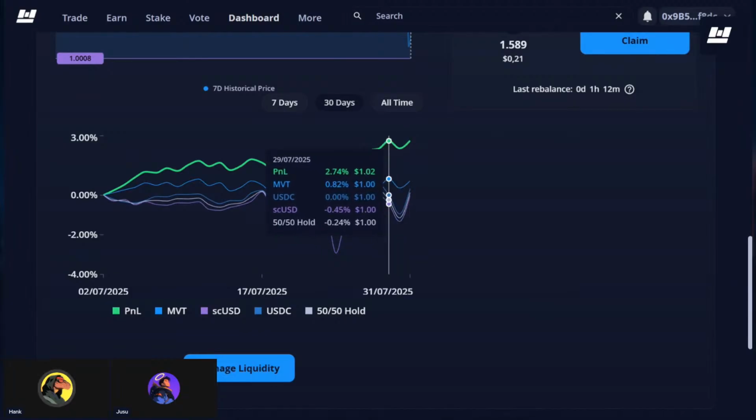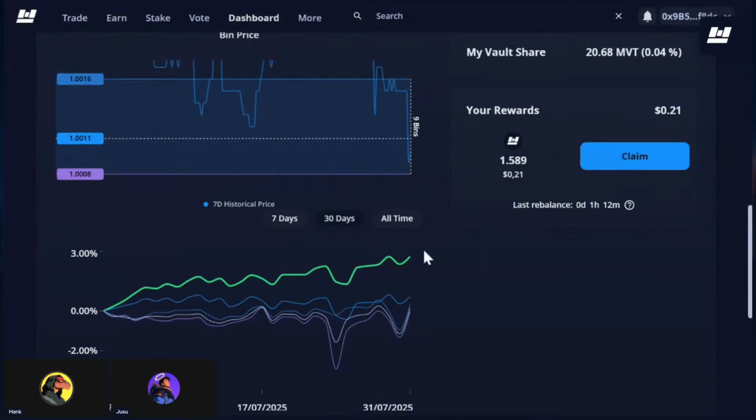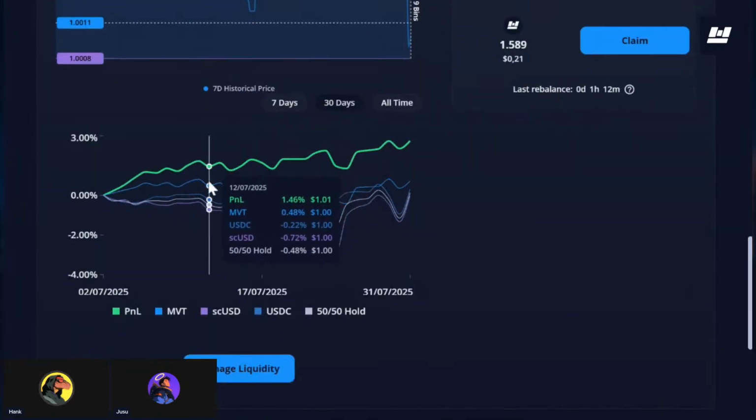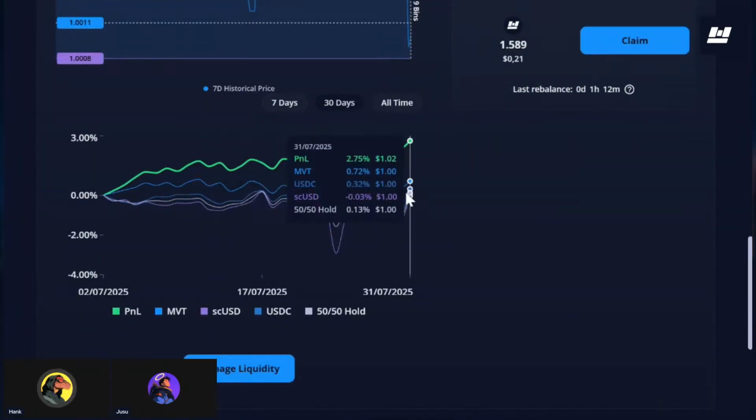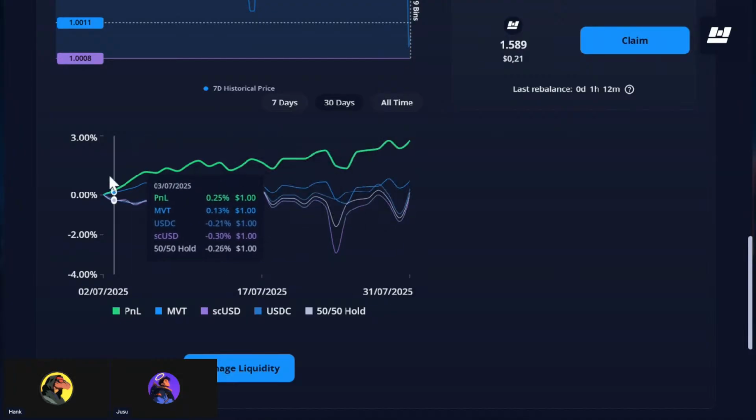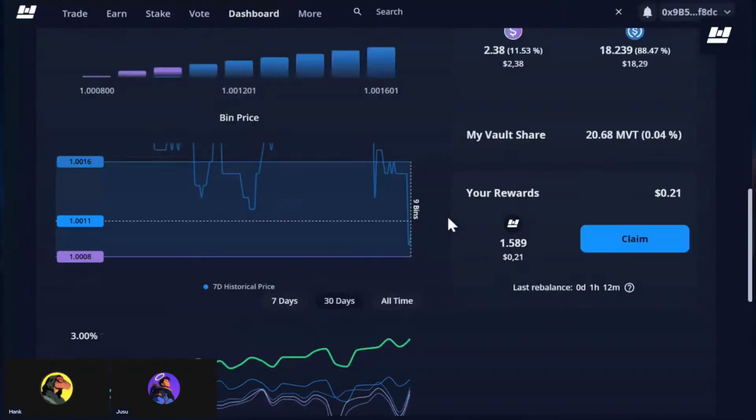I think this is really good. Take that times 12, it's a really nice APR. You can also see that the MVT token is also profitable, like 0.72%, and operator fees and all of that is already included. So this is a really nice vault as well, from Undercraft, I think.